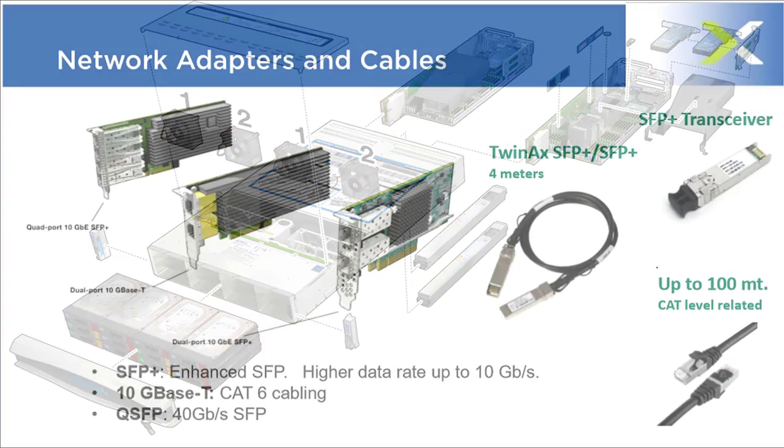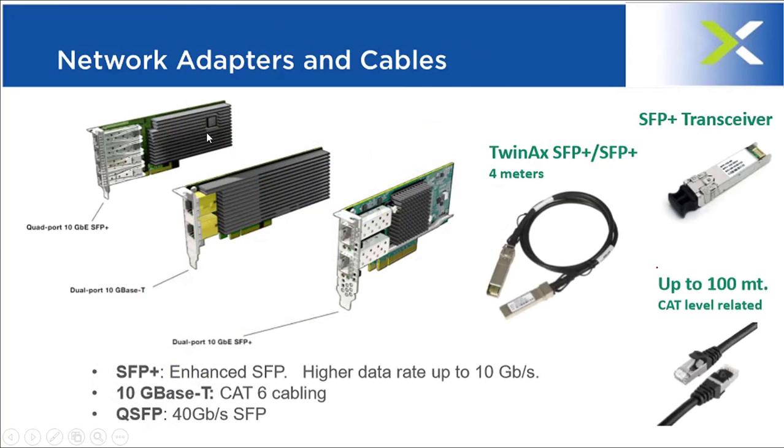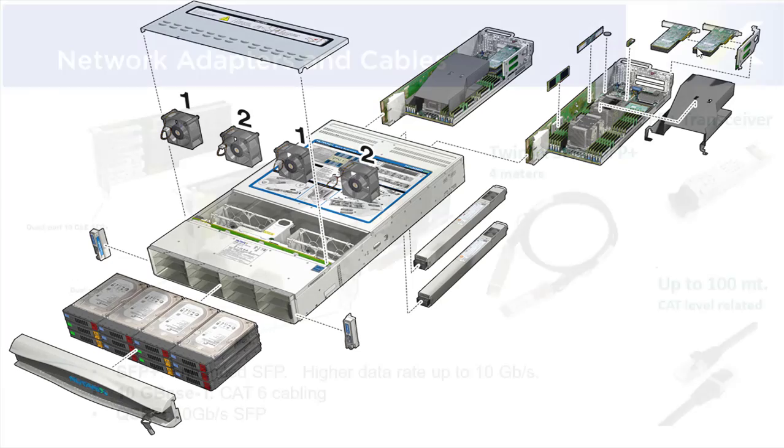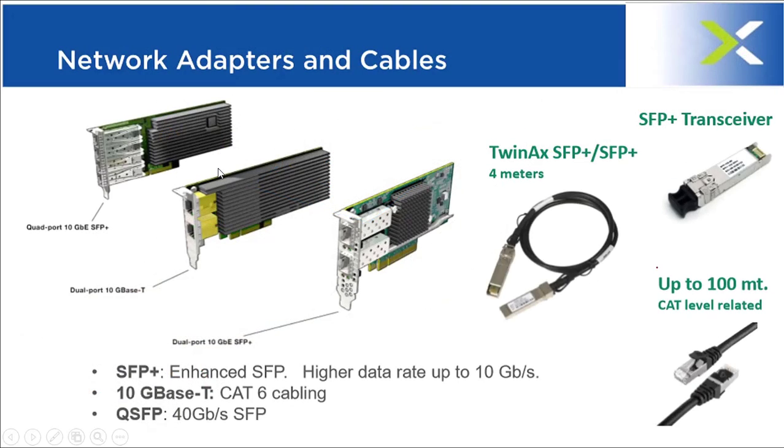Here you see the network adapters and cables we have in every node. This is a node, and we have some network adapters. If we check the network adapters, we have different types. The one that comes with SFP+ technology, with 10 gigabit speed.